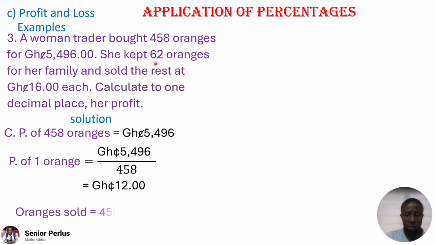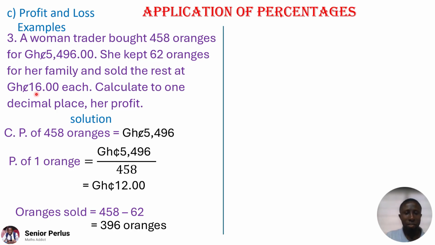So we subtract this from this. Then we have 396 oranges. That is what the woman sold, the rest at 16 Ghana cedi. So it means that we have 396 oranges.